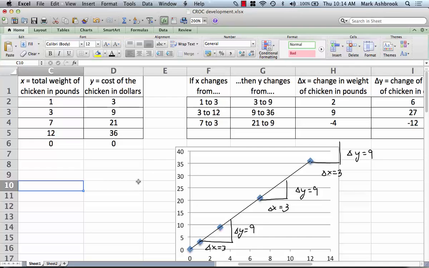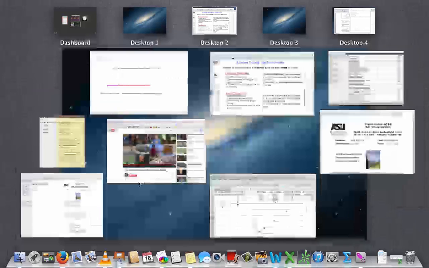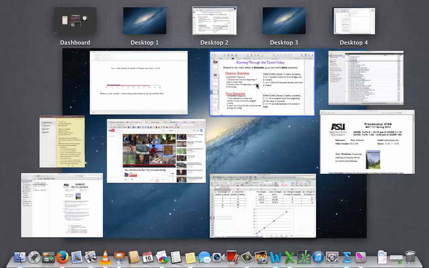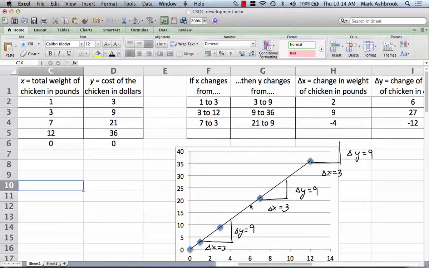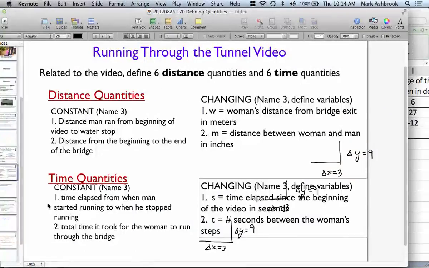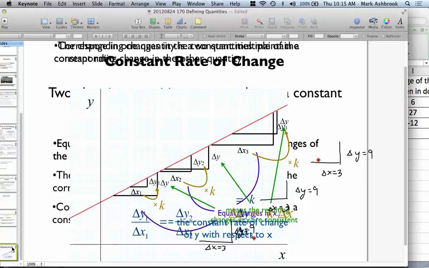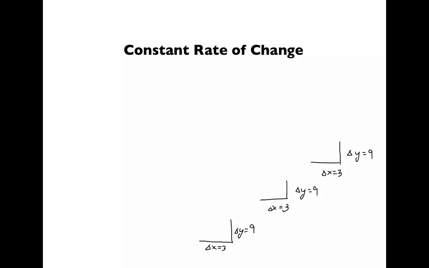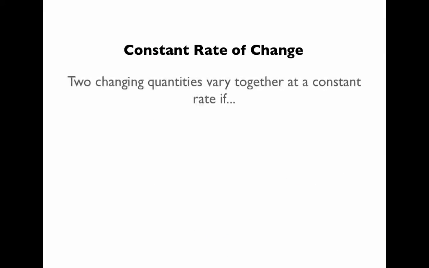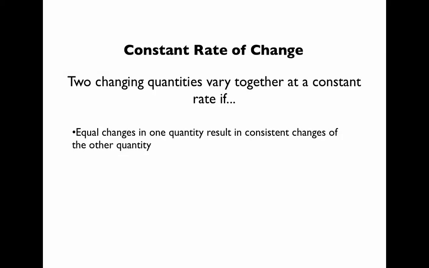Okay, so let's summarize what we just talked about. Okay, constant rate of change. 2 quantities vary together at a constant rate if, first possibility, equal changes in one quantity result in consistent changes of the other.